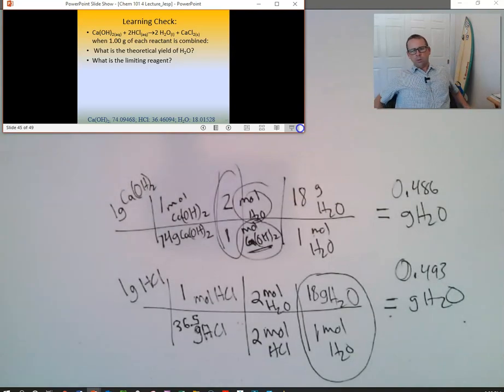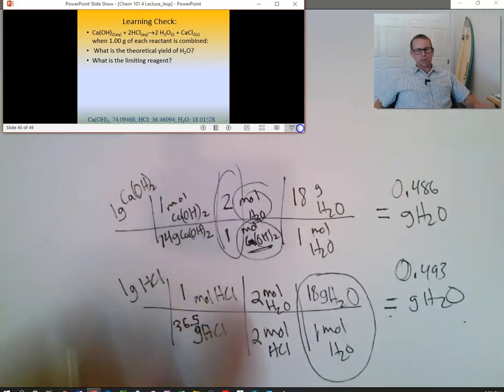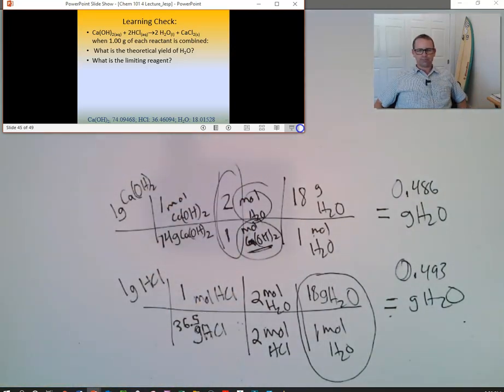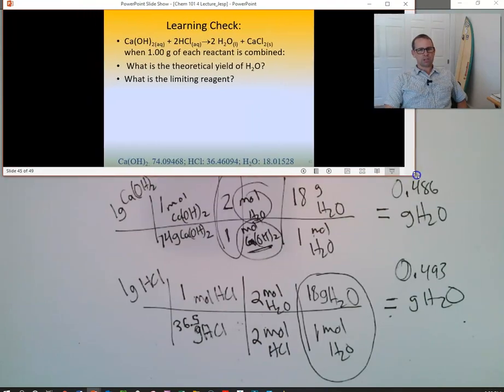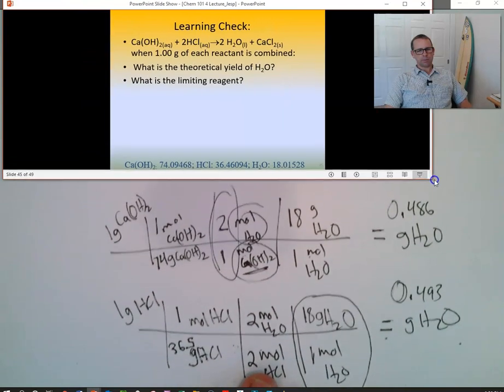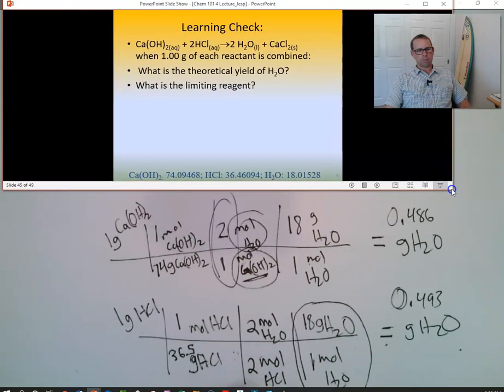All right, so what does that tell us? We did it twice, and what have we learned? What's the term? The limiting reagent. And that would be the calcium hydroxide, there's less of that. That's the limiting reagent, right?